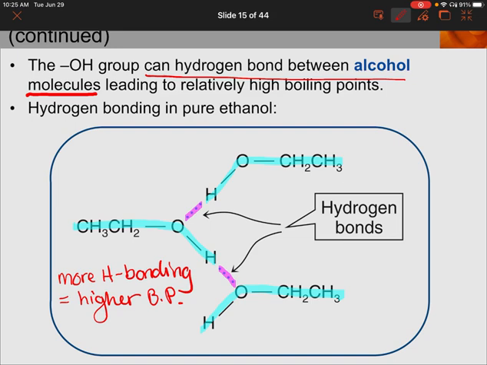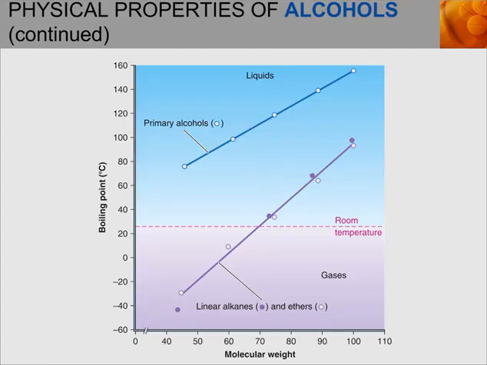Now, this can also be true for alcohols in water as well, because there is hydrogen bonding there too. So the more hydrogen bonding present in a solution, the higher the boiling point too. So on this chart, we have molecular weight on the x-axis. So really, molecular weight is just telling us how many atoms we have, essentially. So the higher the molecular weight, the more carbon and hydrogen atoms we have.